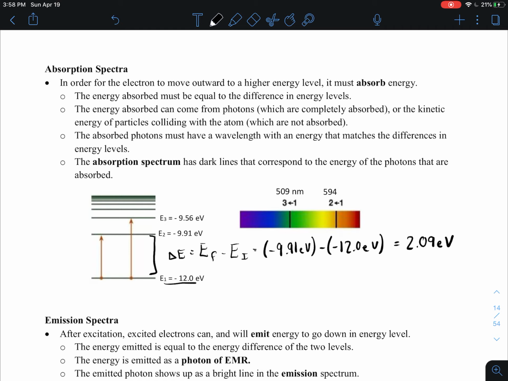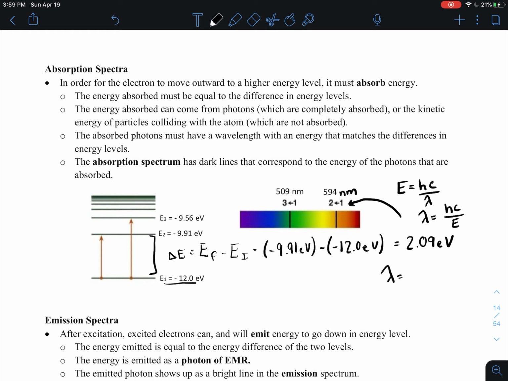It hints here that that somehow corresponds to this orangey yellow color, and it says it has a wavelength of 594 nanometers. We can double check to make sure that number makes sense using the same energy equation that we did previously, E equals hc over lambda. So if I want to solve for the wavelength, it would be equal to hc divided by our energy.